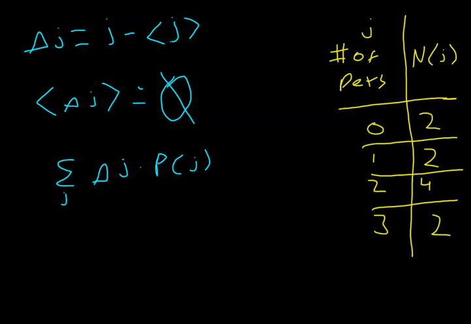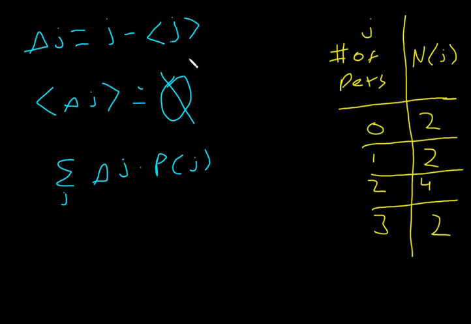And then minus, because our next delta j is going to be negative 0.4, because it's 2, here we'd have 2 minus 1.6. Oh, sorry. Hopefully you caught me on this. I actually did it the other way around. I did the expectation value minus the value of j. So actually it would be negative 1.6 times 0.2.